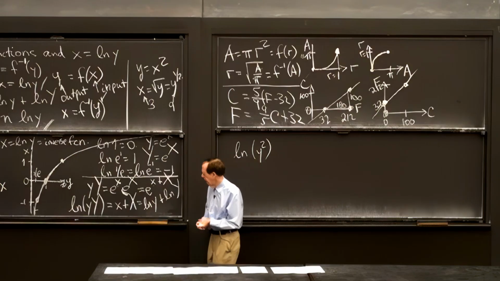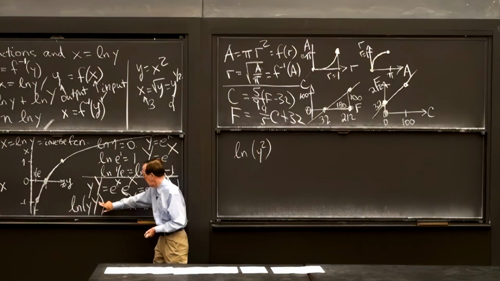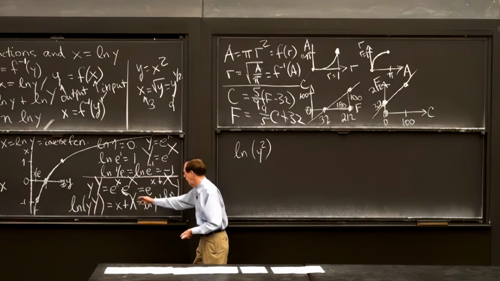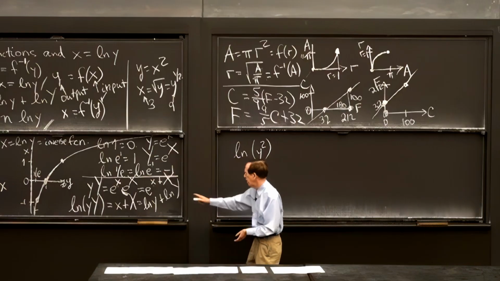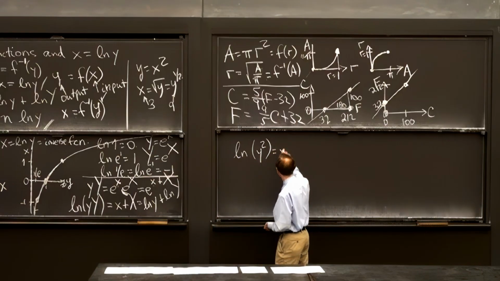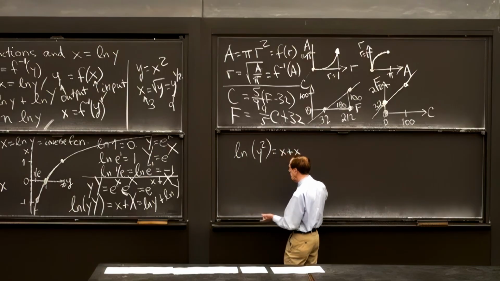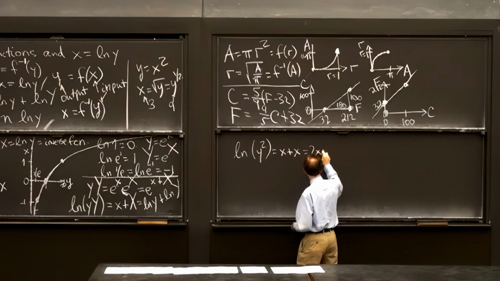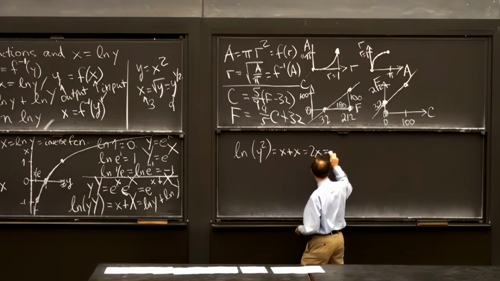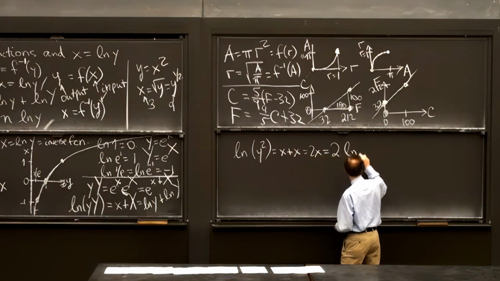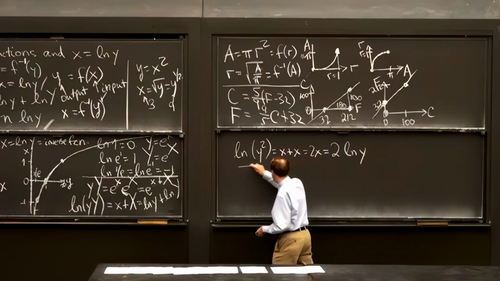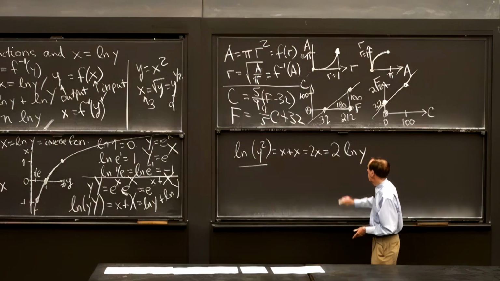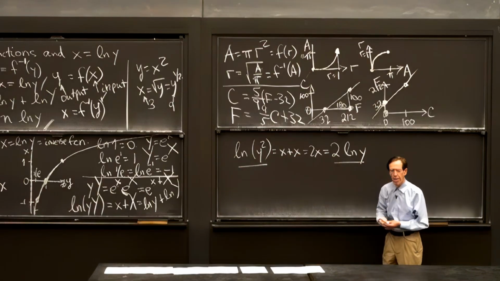For the log of y squared, I just take big Y to be the same as little y, and big X to be the same as little x. Then it is x plus x, 2 x's, but x is the log of y. If you square a number, you only double its log.